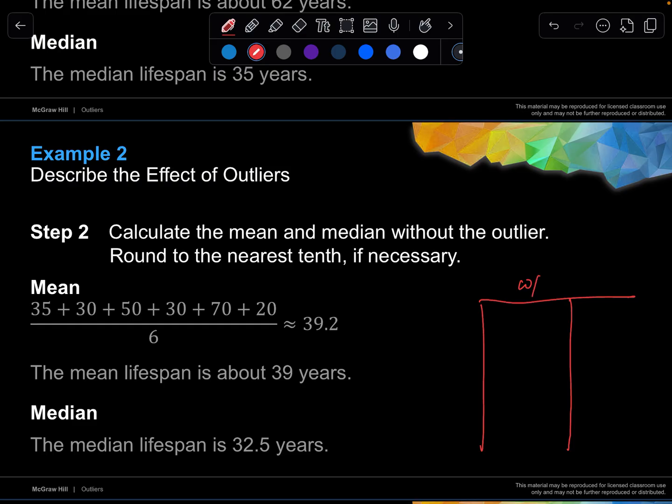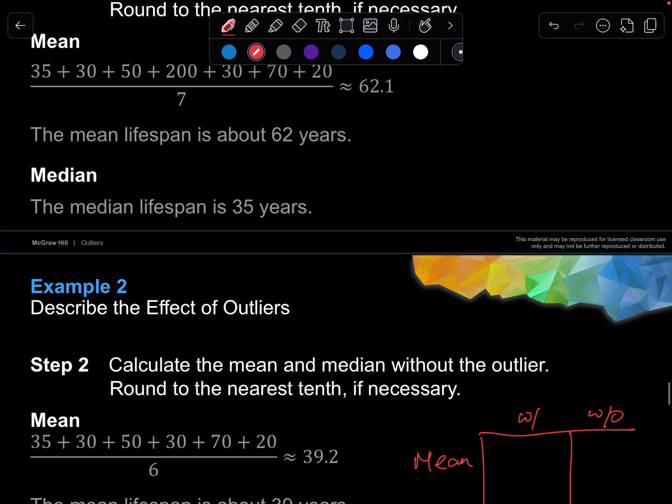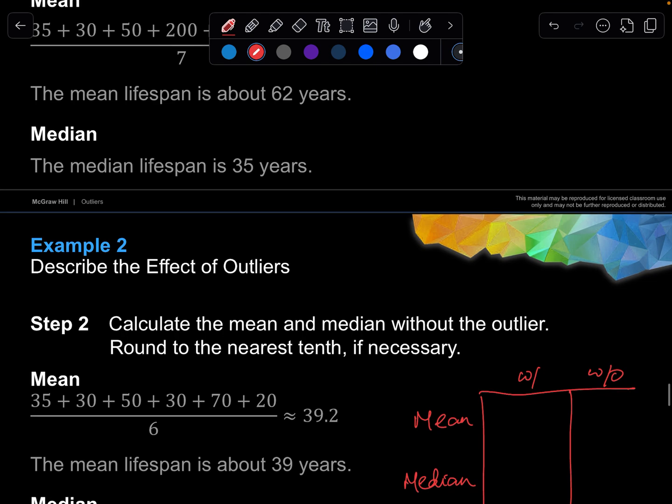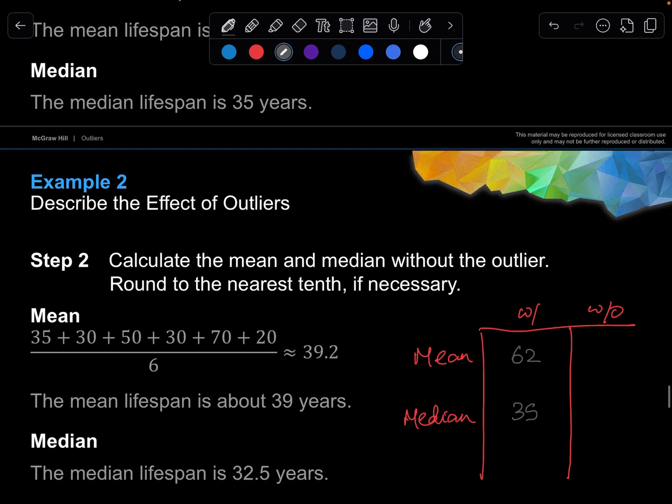I'm just going to say with and without, and then we have the mean and the median. So with the outlier, the mean is 62. The median is 35. Without the outlier, the mean is 39.2 and the median is 32.5.